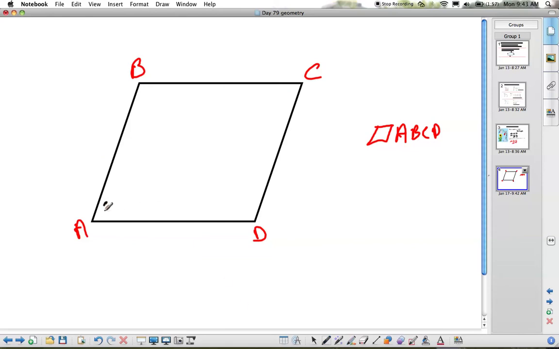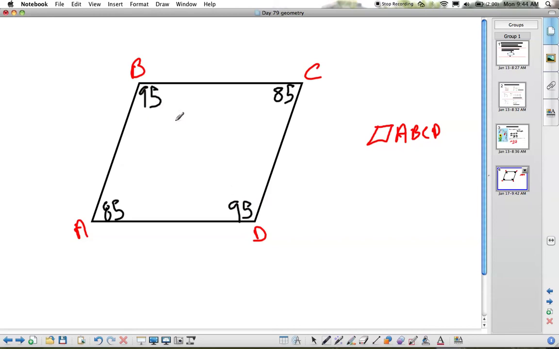If this angle is 85, this angle is 85 because it's a parallelogram. And if this is 85, you know D has to be equal to 180, so it's going to be 95, and this is 95, this is 95.